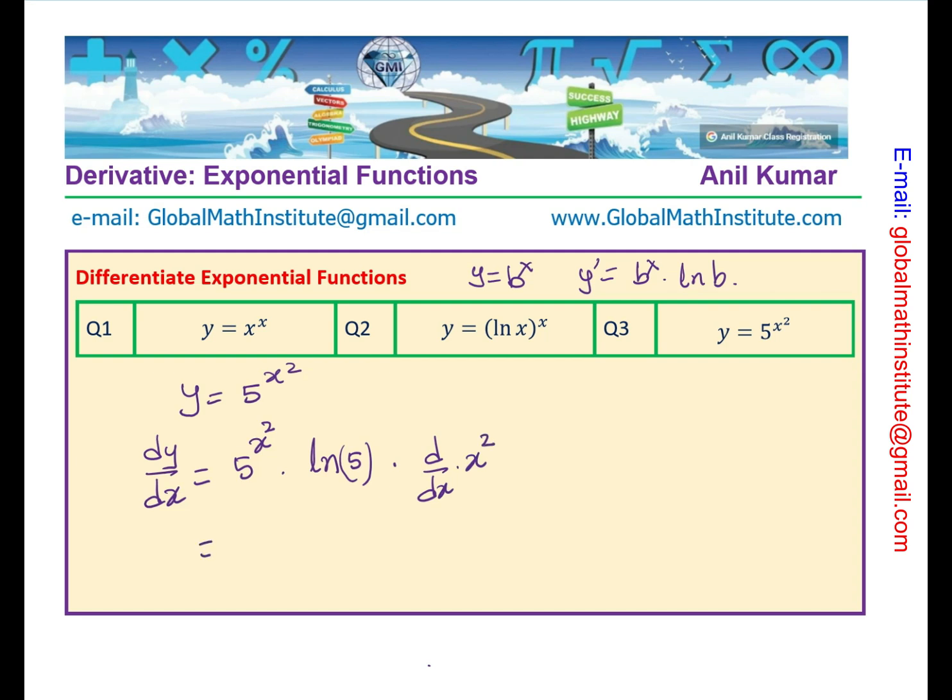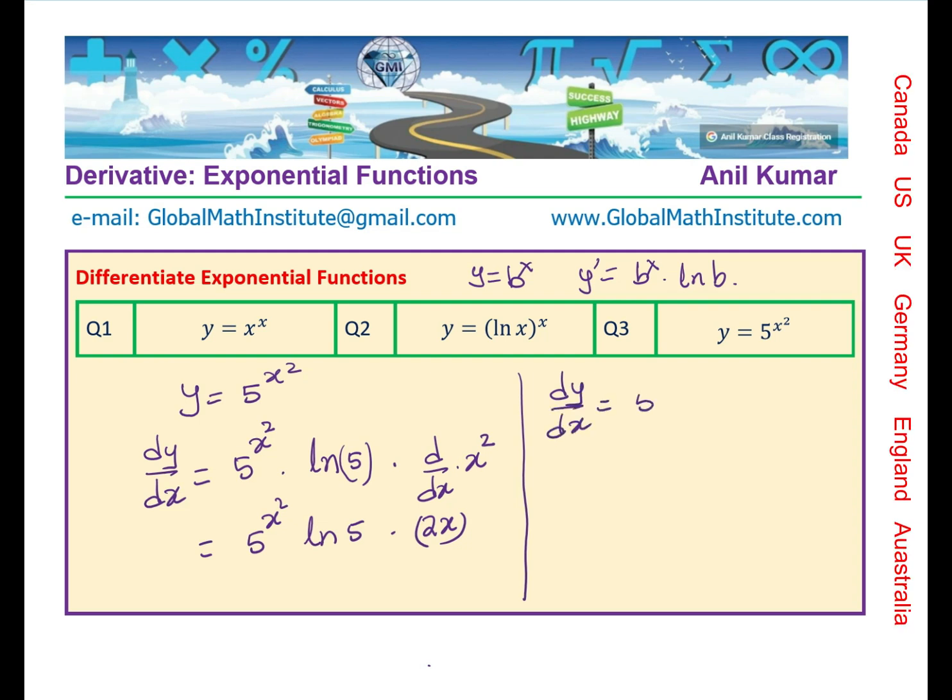So that gives you the answer, which is 5 to the power of x squared ln 5 times this derivative, which is 2x. And so we get our result in this particular case that dy dx is 5 to the power of x squared times 2x ln 5. ln 5 we can write as it is because that's a constant, right?